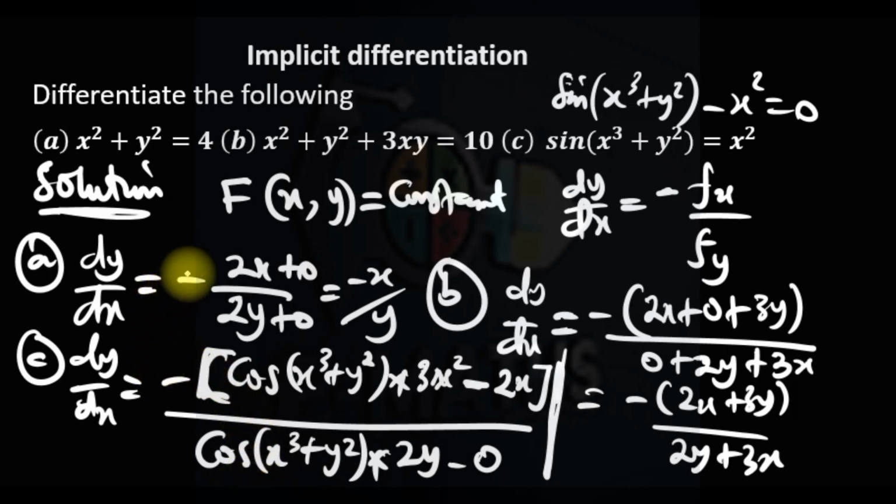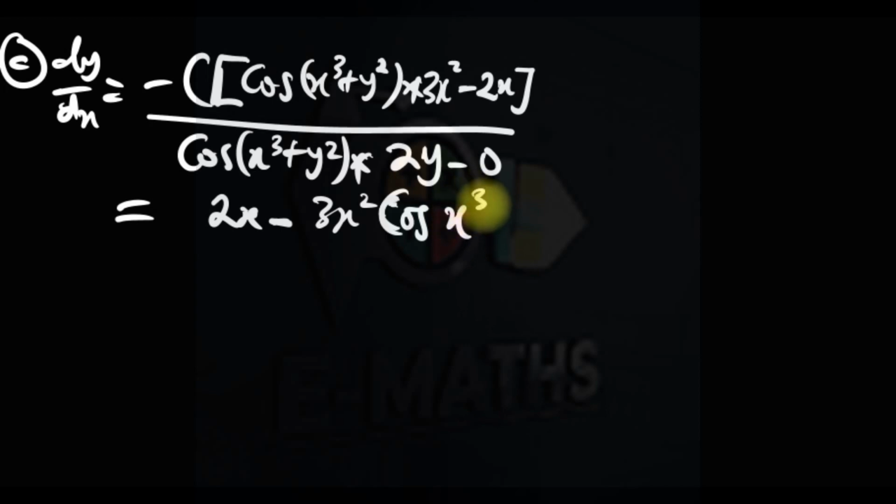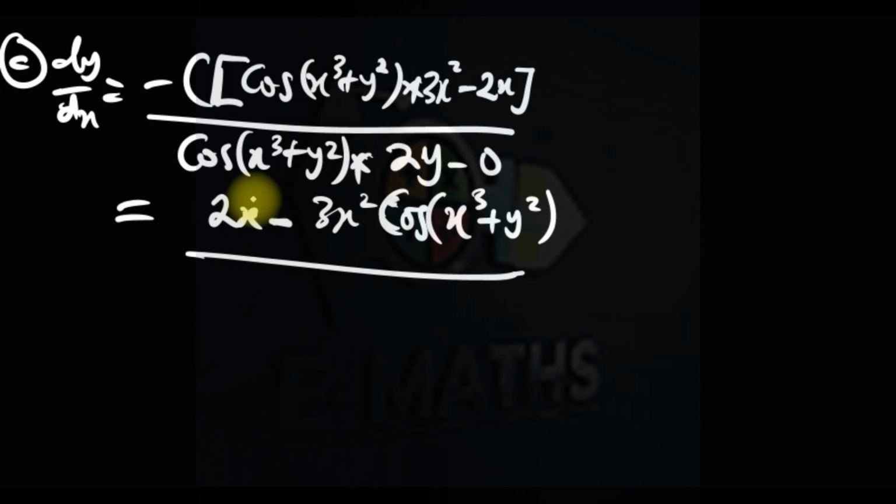So let's move to the next line. Okay, so let's simplify. This is minus times this. We'll write this as (2x minus 3x squared) times cos of (x cubed plus y squared), over 2y cos of (x cubed plus y squared).